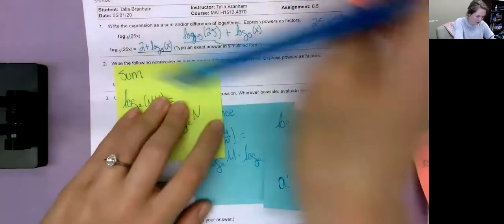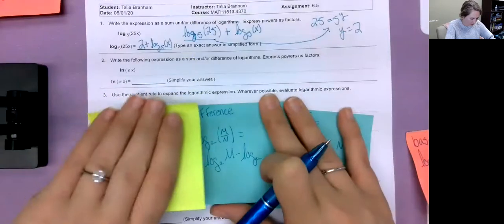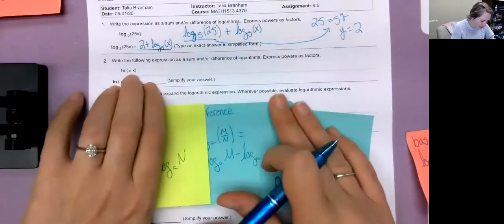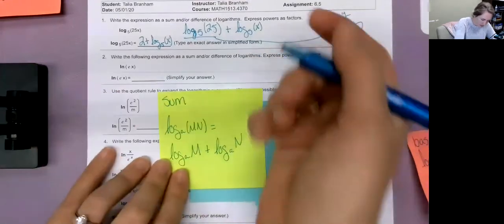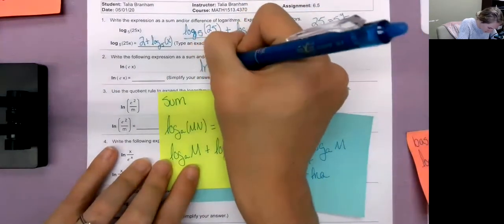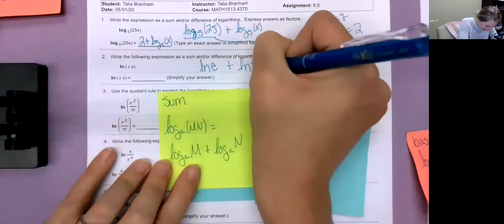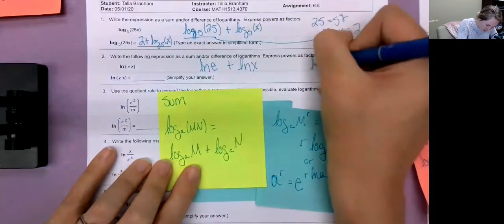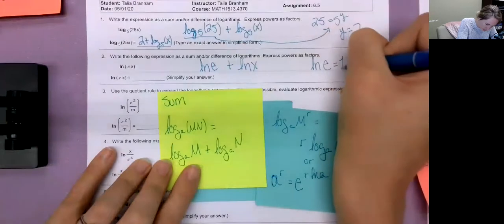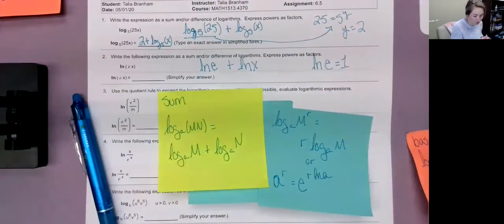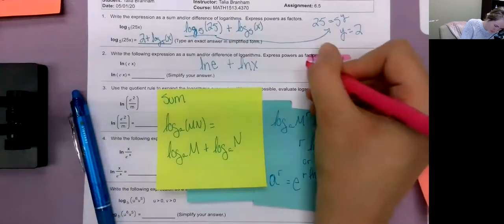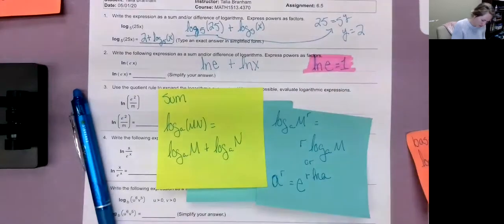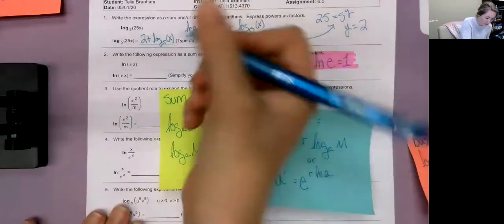Okay, this one I'm going to send back. Looking at problem 2, right here they're multiplying again, so we're still going to use this sum one. So we'd have natural log of e plus natural log of x. Now right here, remember that the natural log of e equals 1 because it's the natural log of the natural number. So this would be the same as squaring a square root, pretty much, except this will always be 1.